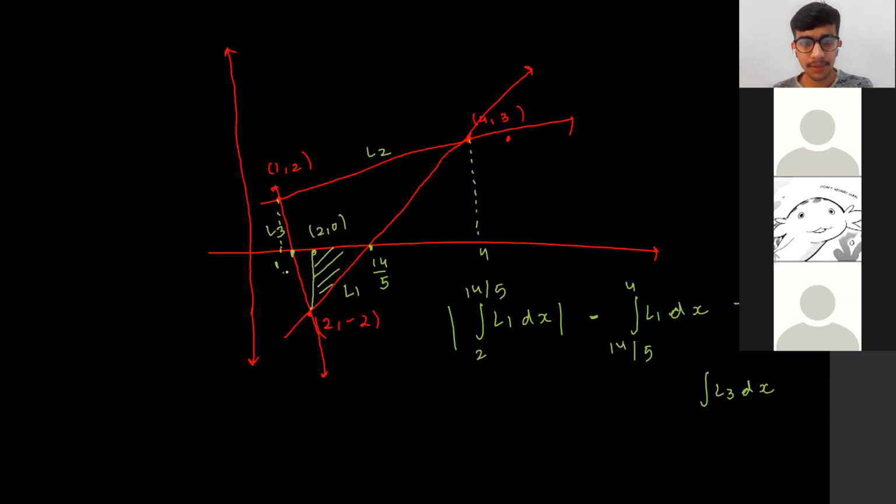So this point is 3 by 2. So minus L3 dx from 1 to 3 by 2. Okay, so we subtract this area and also we have to add this area. The integration will come negative, so plus mod of L3 dx integration from 3/2 to 2.